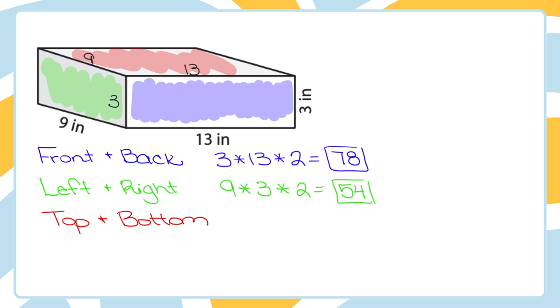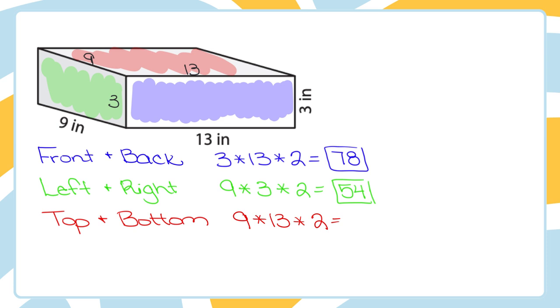How will we find the area of the top and the bottom? Jason? 9 times 13 times 2. Good. 9 times 13 times 2. John Harry? 78.